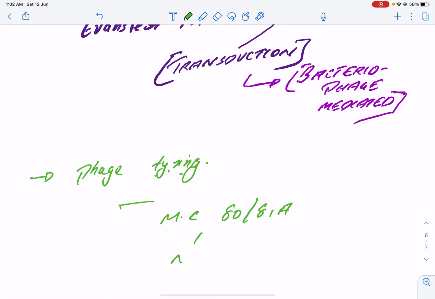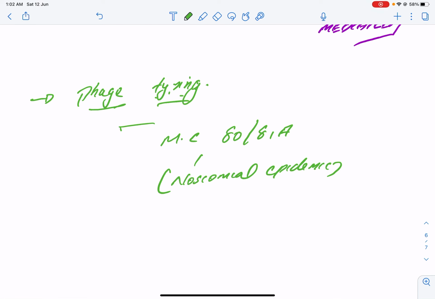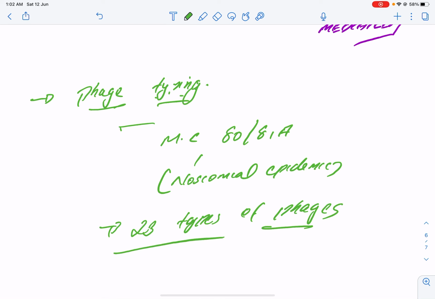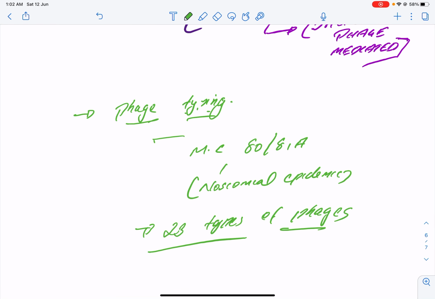They are called hospital infection, nosocomial epidemics. This is a test we do for nosocomial or hospital infection. Actually, we have around 23 types of phages. So to find out this variant, we do phage typing.